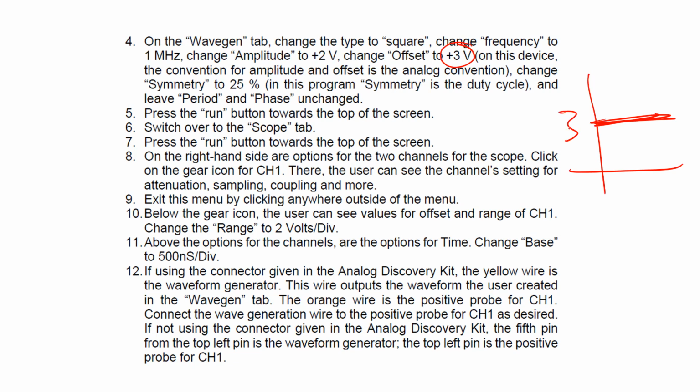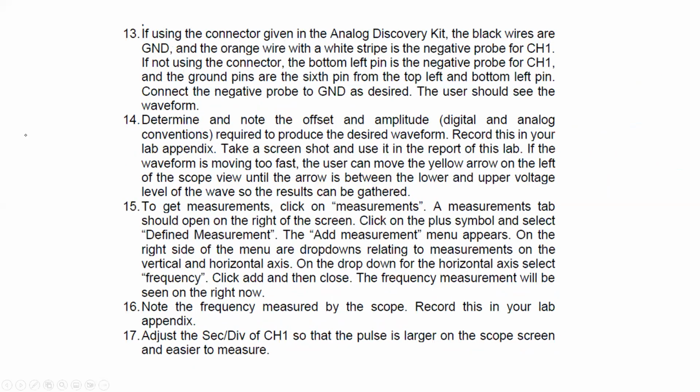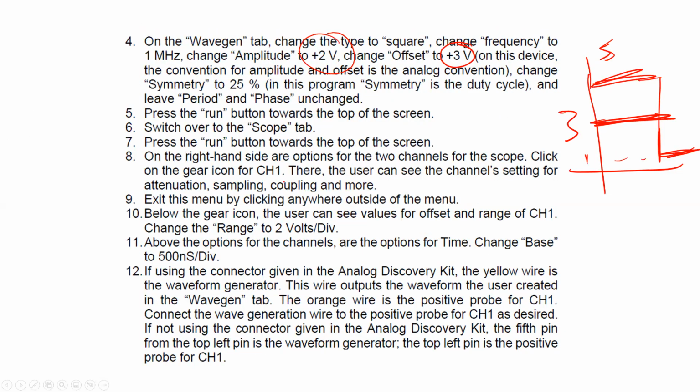The amplitude of 2 means it goes to 5, right? 2 plus 3 is 5, and then it goes to 1. Anyway, you just need to learn how you can generate signals.